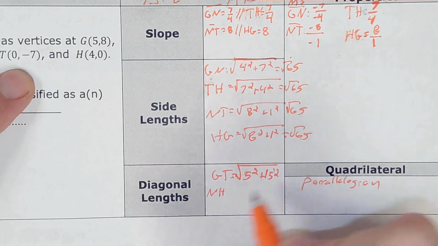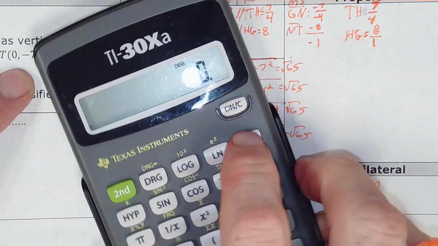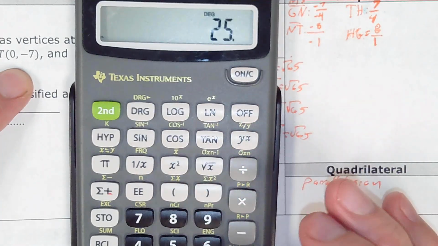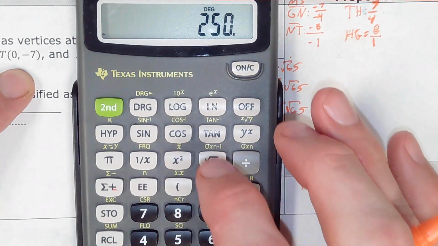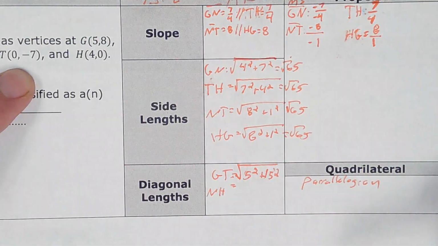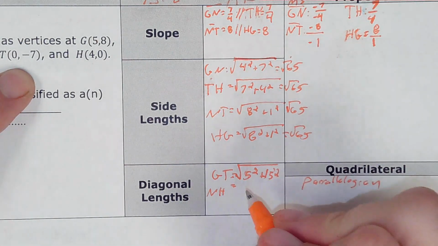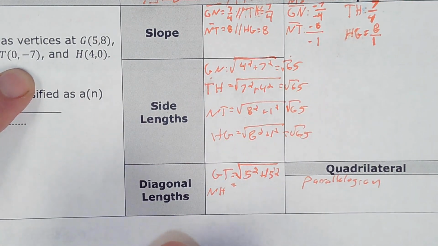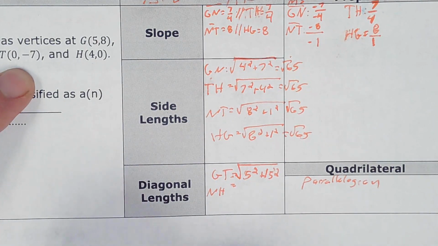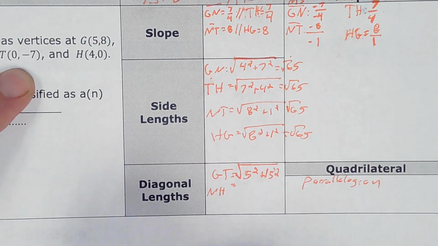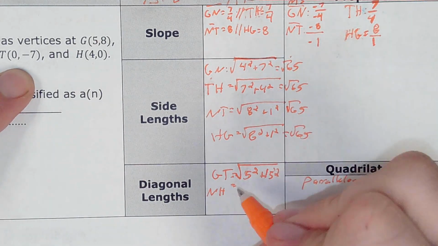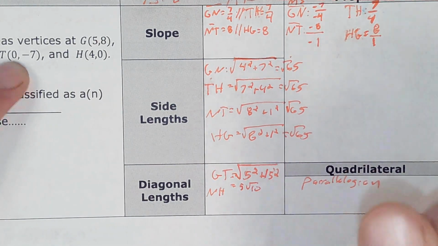Okay, which equals 5 squared plus 15 squared, which is the square root of 250. I can divide that into 10 times 25. So that's 5 times the square root of 10.